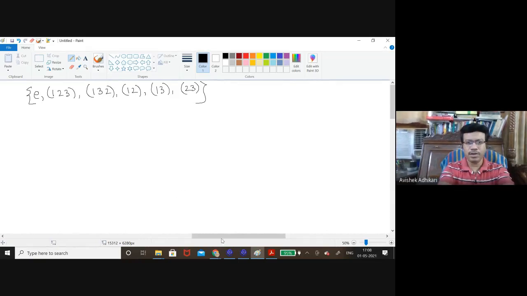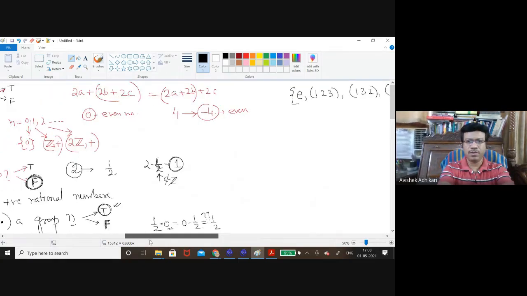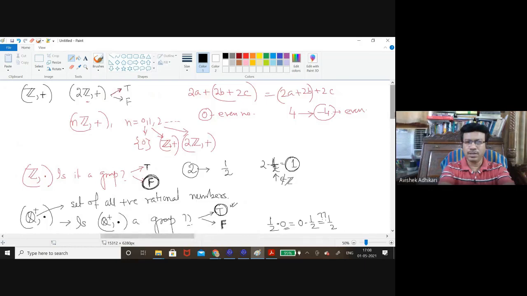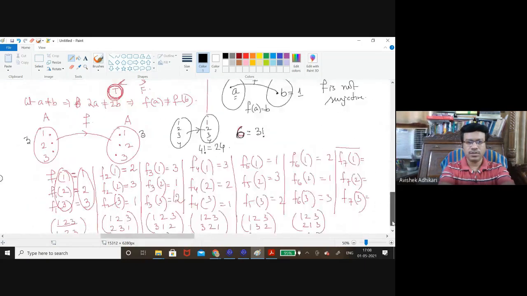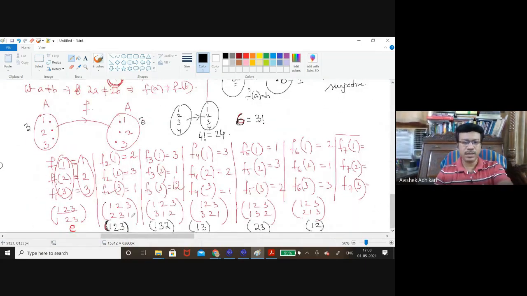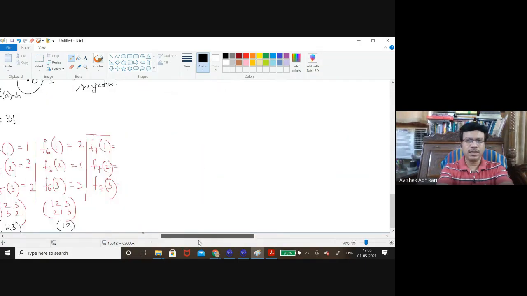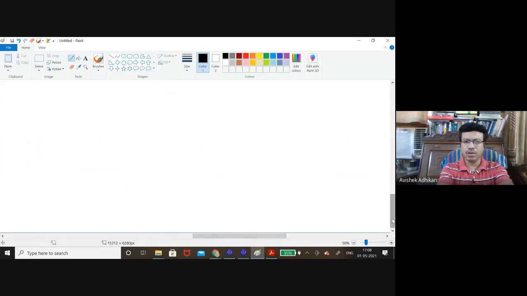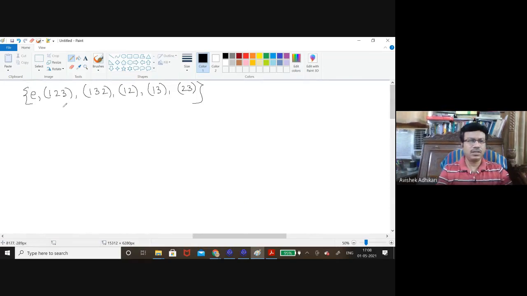It may be in a different ordering, but all the elements are the same. These are the 3-cycles. I started with (1,2), then (1,3), then (2,3), in a more systematic way. So they are all 6 elements of a set, and I call this set S3.